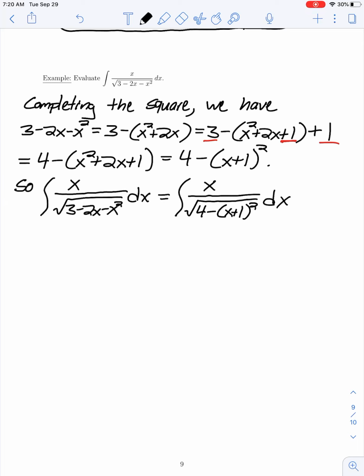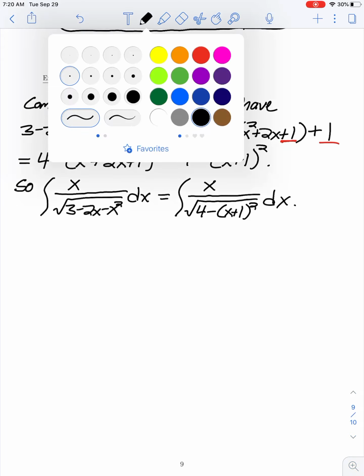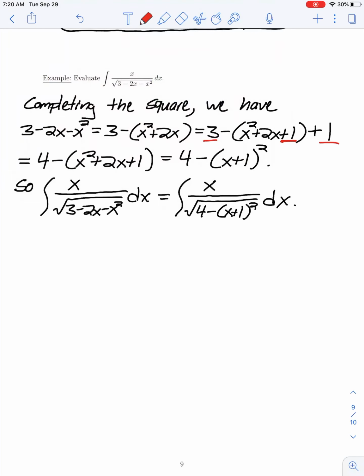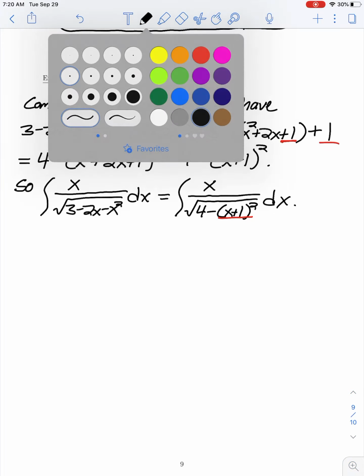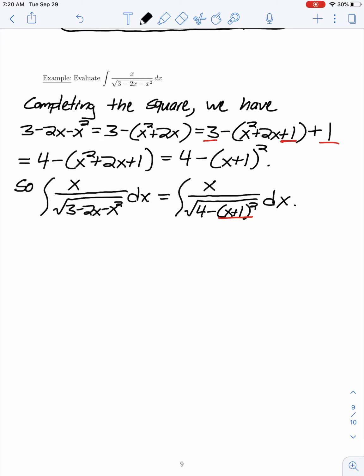So now my denominator involves a square root of a difference of 2 terms squared. Again, as with our last example, the only tricky thing is that instead of just having 4 squared minus x squared, we've got 4 minus x plus 1 squared. It's a composite function, so I might start by making a substitution.